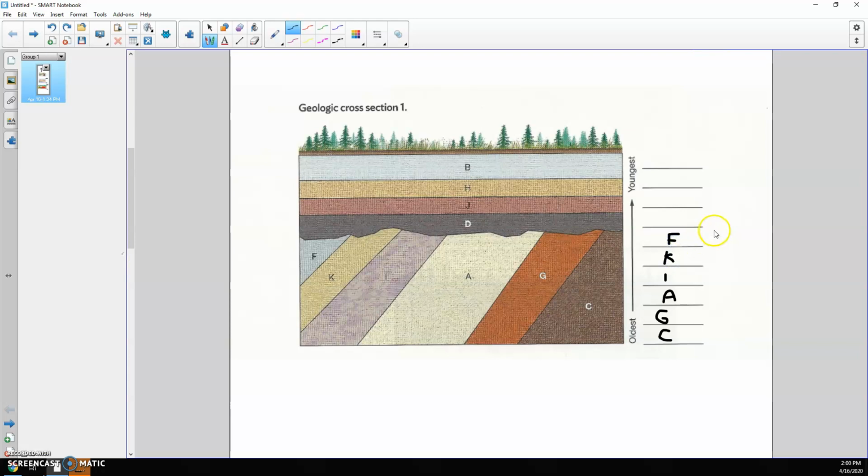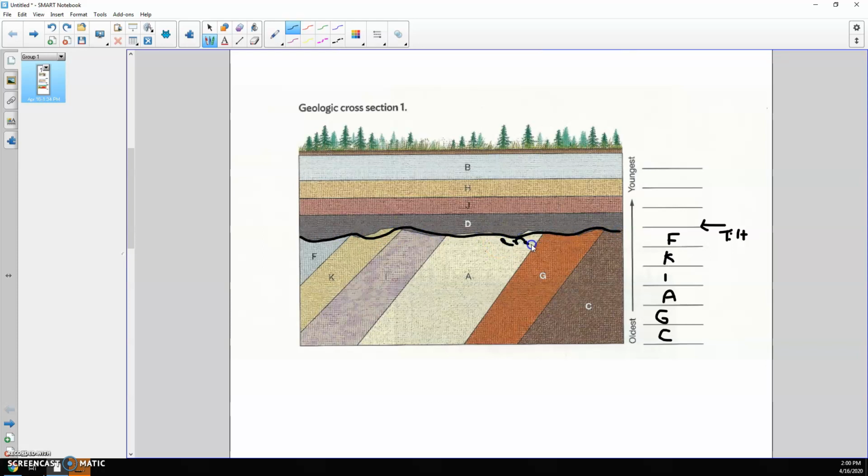And then they were tilted. So they started out flat with C on the bottom making it oldest. Then they were tilted. And you notice there's this squiggly line, and that's representing erosion.